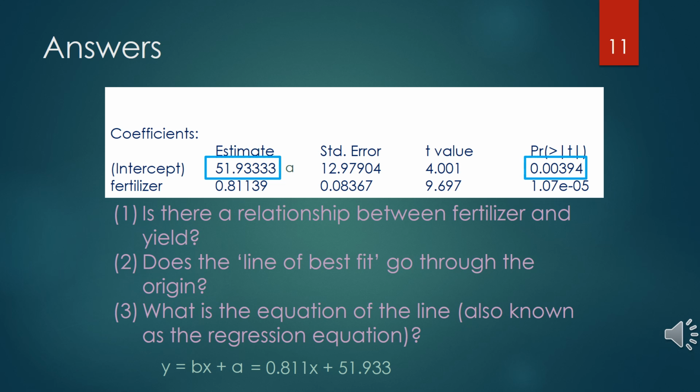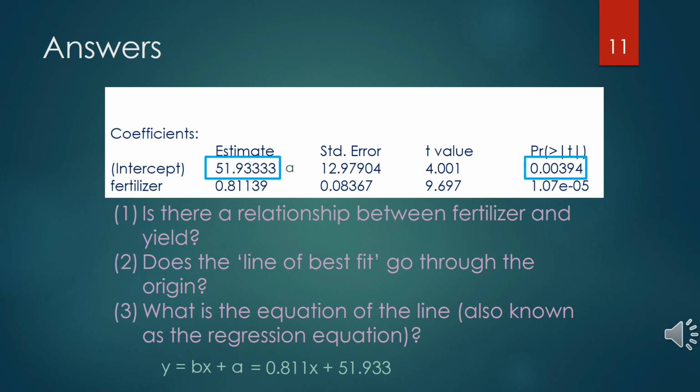Due to the low p-value, we can reject the null hypothesis and instead say that the intercept is significantly different than 0. So in other words, it does not go through the origin. Also note that the estimate for the intercept is the quantity A in the regression equation.